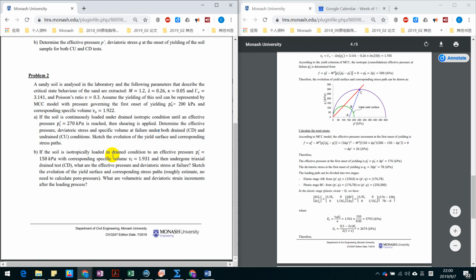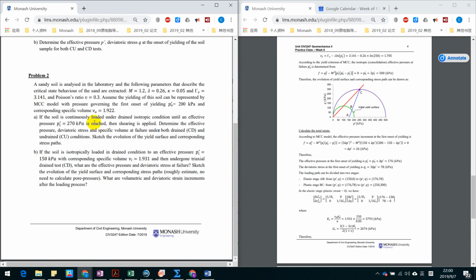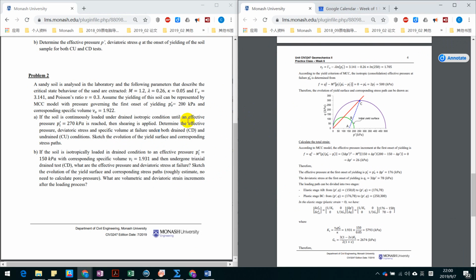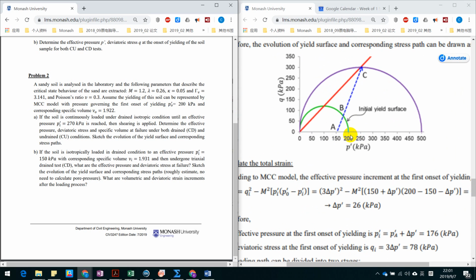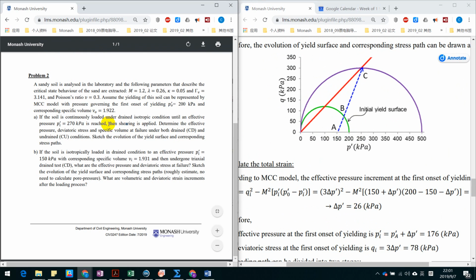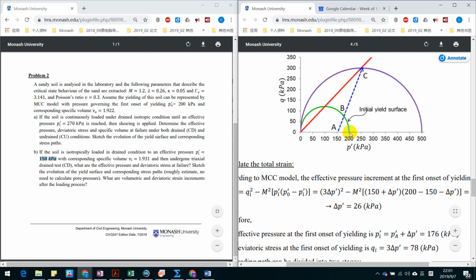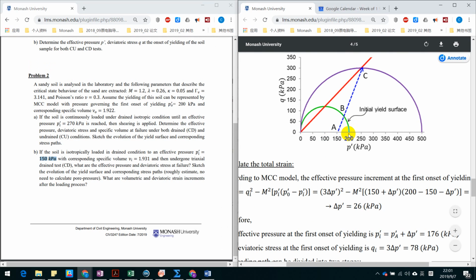All right, so in terms of the first example, we have to first go through what is going on here. The soil has a pressure initially, at the first onset of yielding, of 200 kilopascal, which is here, and then it is isotropically loaded in drained condition to 150 kilopascal, which means that the stress path changes from 200 kilopascal horizontally to 150 kilopascal.